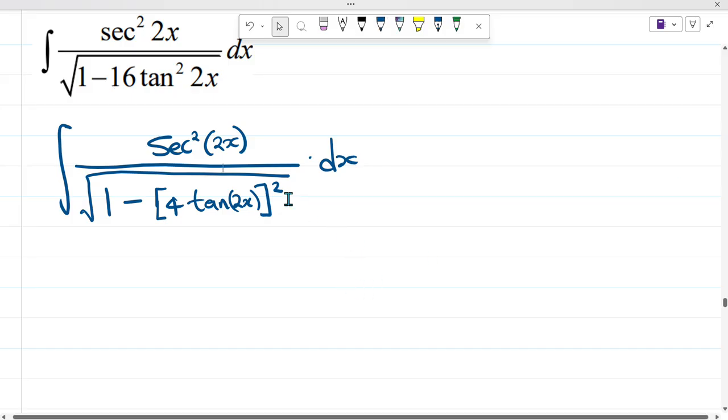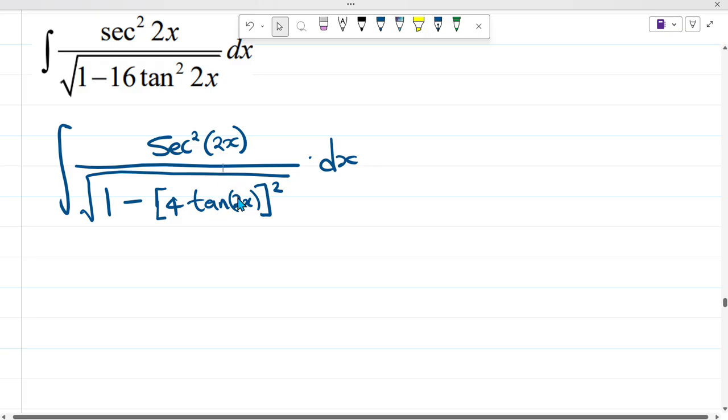We can see that this format of 1 minus f of x squared is the one for sine inverse, right? So we need to make sure that on our numerator we have the derivative of 4 tan 2x. When we derive 4 tan 2x, we get 4 multiplied by sec squared of 2x multiplied by 2.